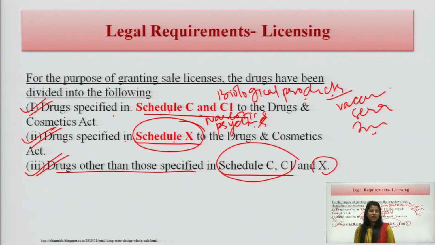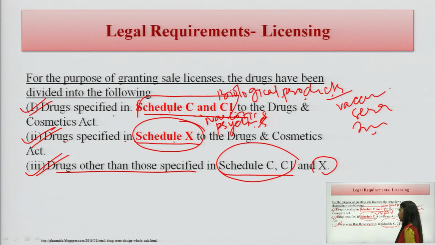For the license, we have discussed there are different sections: schedule C and C1, schedule X, and drugs other than schedule C, C1 and X. Schedule C, C1 means the biological products. If we are dealing with biological products, we get a license specific to this.